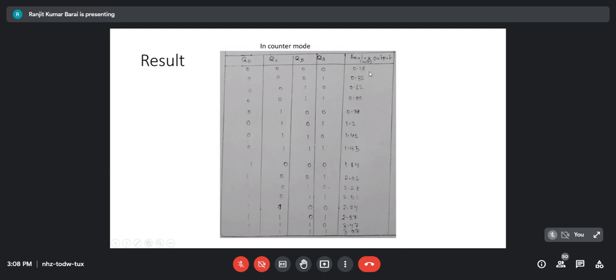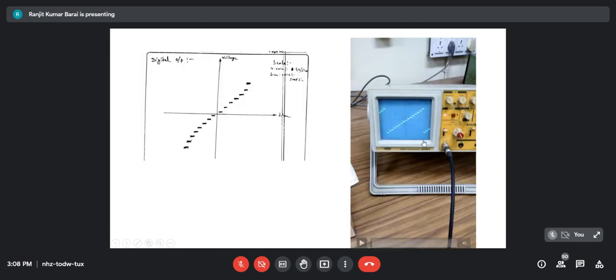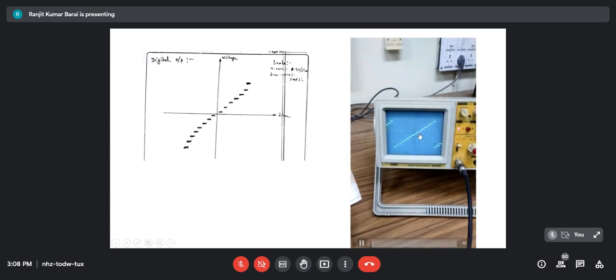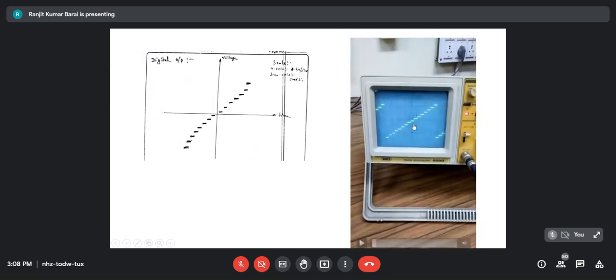So this will appear as a spike, impulse, voltage pulse, not a continuous one. See, we obtained a nice horizontal line, but you are not going to get this horizontal line, only spikes.